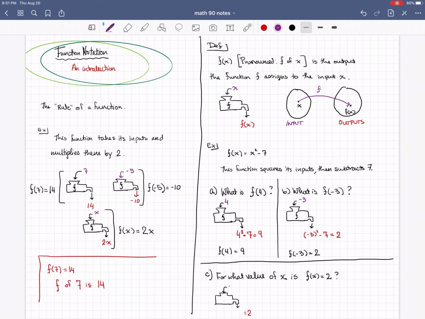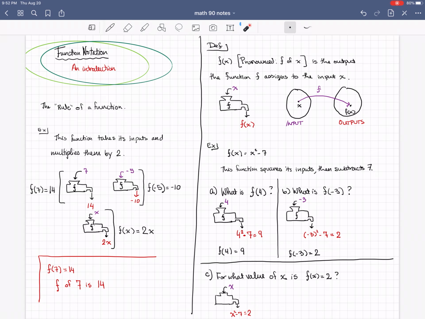That if you put some input x in, what this function puts out is x squared minus 7. So x went in, x squared minus 7 came out, and that happened to be 2. So another way of asking the question that we have here in example C is, for what value of x would x squared minus 7 be 2?